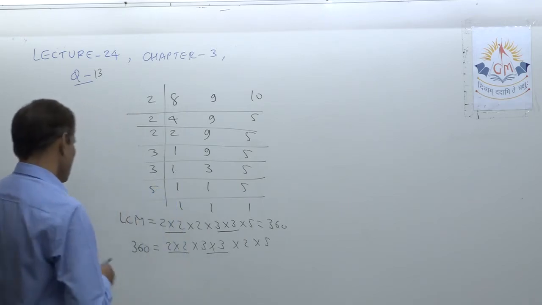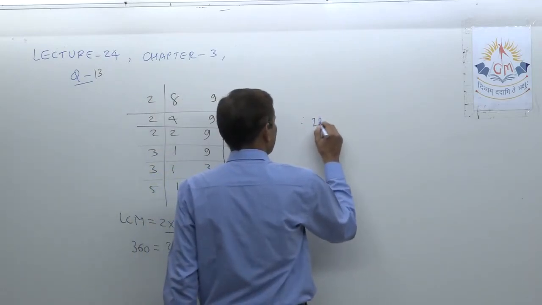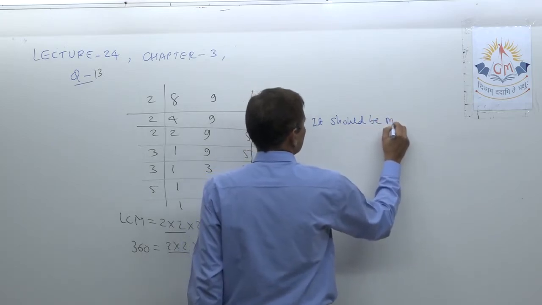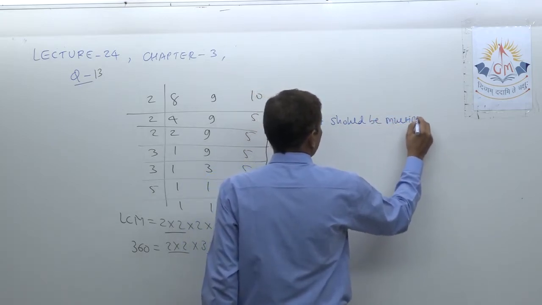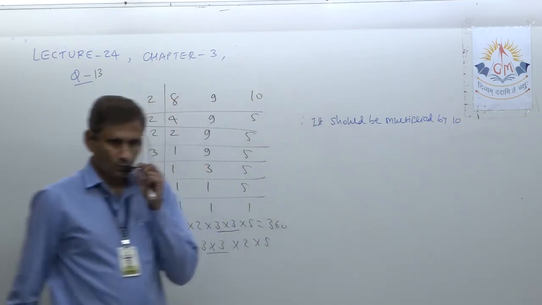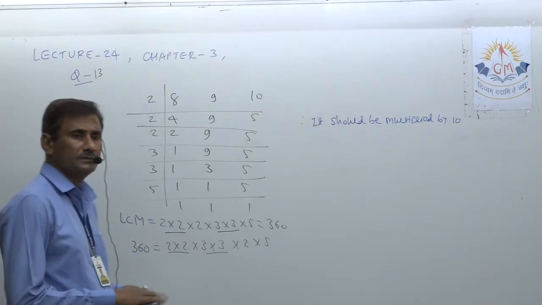Understood? So now write, therefore it should be multiplied by 10. Understood? It should be multiplied by 10.